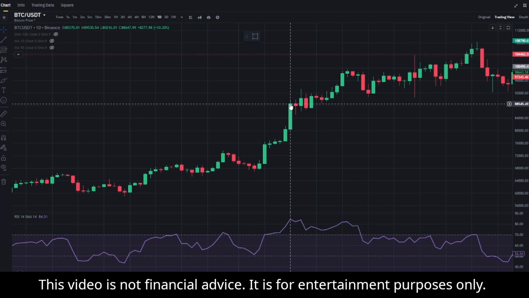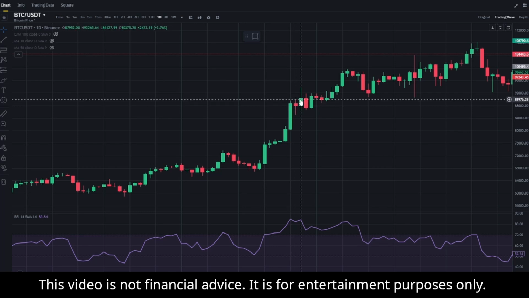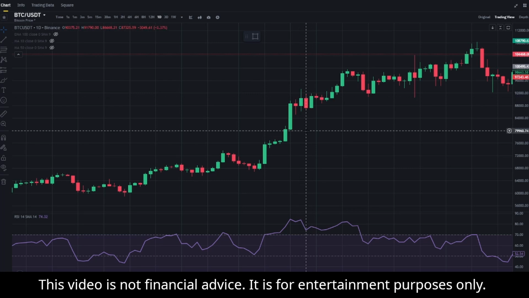And then we close a certain number of candlesticks after that entry. So if we choose, for example, to close the long trade after 2 days, we would have closed the trade when this little green candlestick closes, at about $90,300 for Bitcoin.